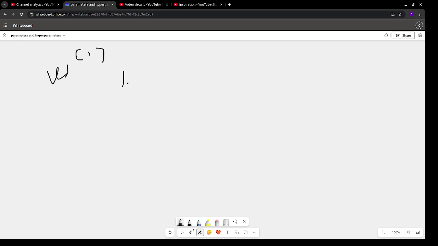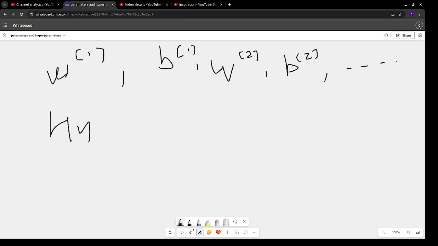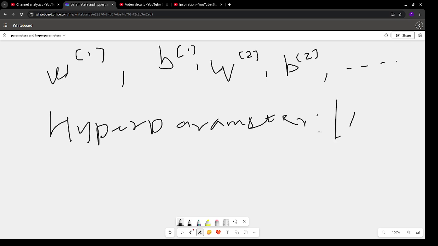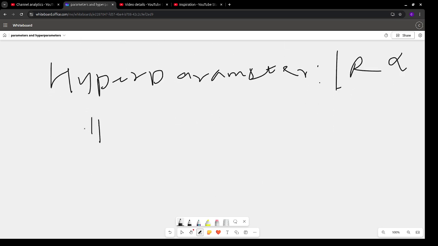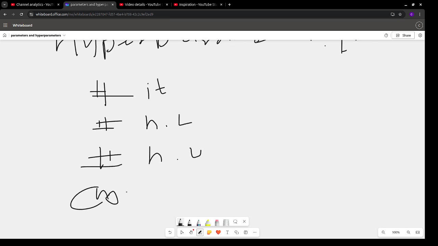So let's consider these variables and so on, and we can say hyperparameters: learning rate alpha, then number of iterations, then number of hidden layers, then number of hidden units, and yeah, we have the choice of activation function, right?